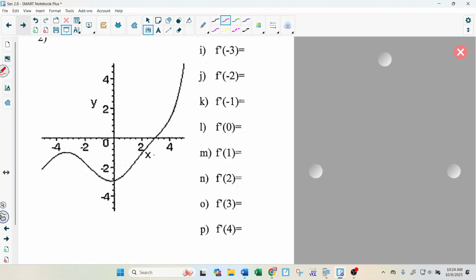Second one. So -3, right there, -1/3. -2, -1. -1, maybe -1/2. Around 2, the way I think about it is somewhere in there is the bigger value.